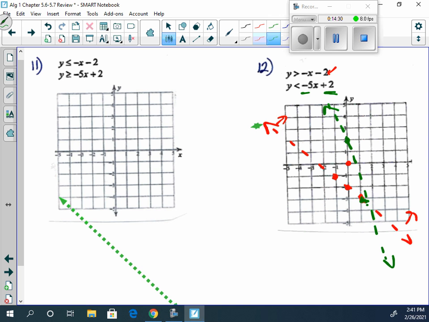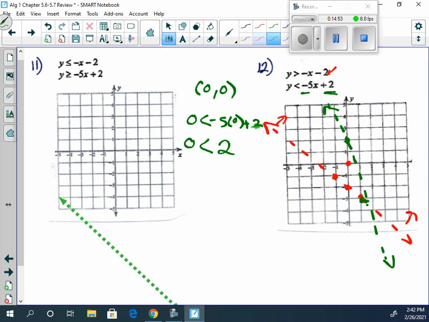And last but not least, we've got to check a point. 0, 0. 0 is less than -5 times 0 plus 2. Well, -5 times 0 is 0, and 0 plus 2 is just 2.